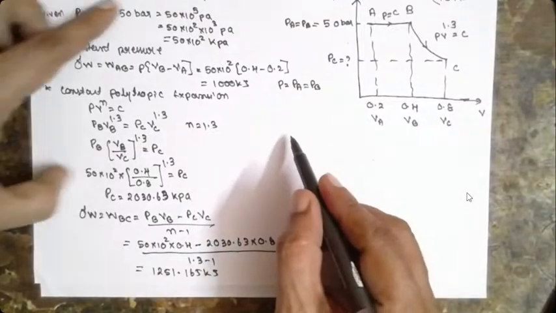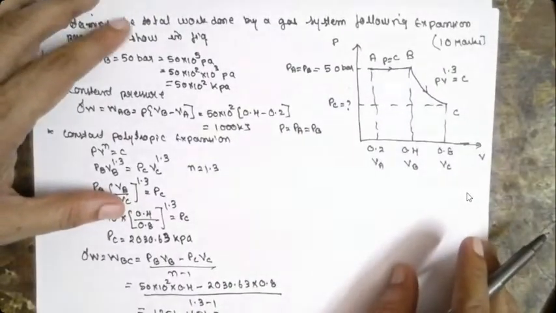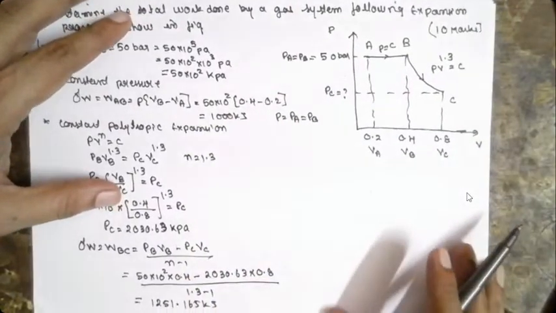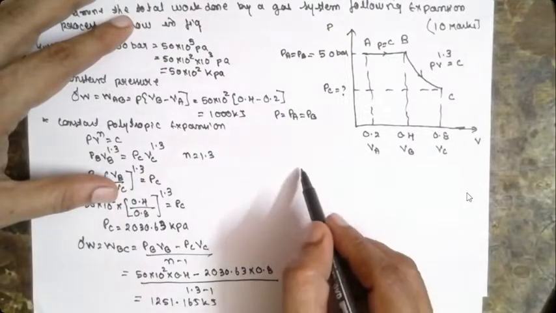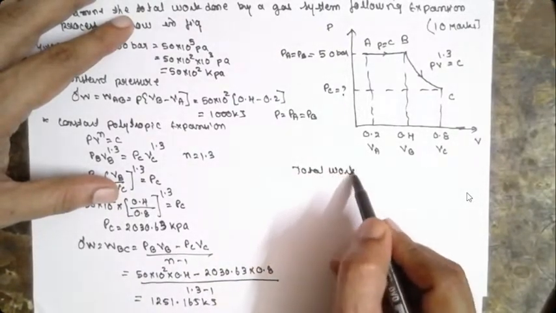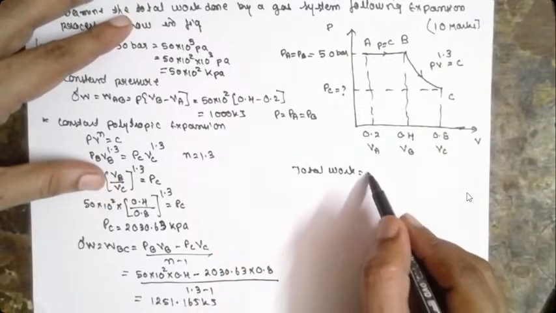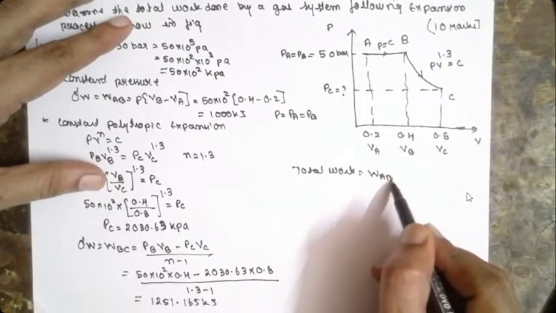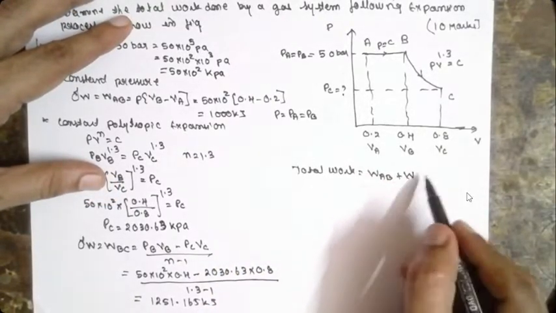Further, we need to find out the total work done, which is nothing but work done with respect to constant pressure plus work done with respect to the polytropic process.